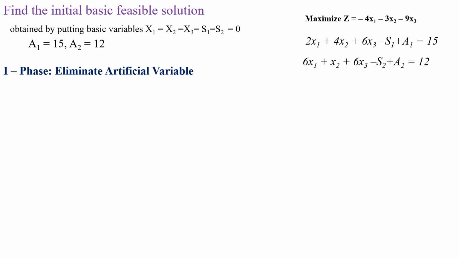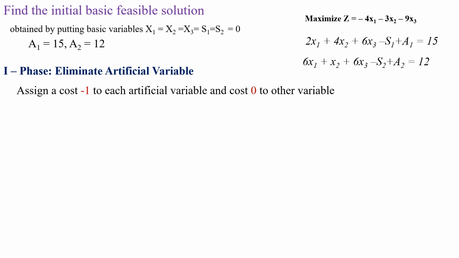Next, start phase 1 to eliminate the artificial variables. For this, first we have to modify the objective function by assigning a cost of -1 to each artificial variable and a cost of 0 to the other variables.